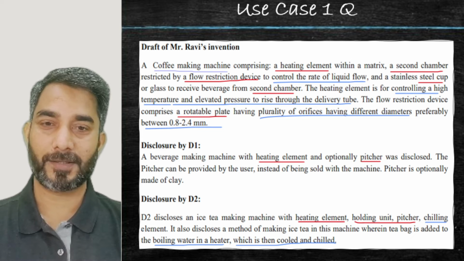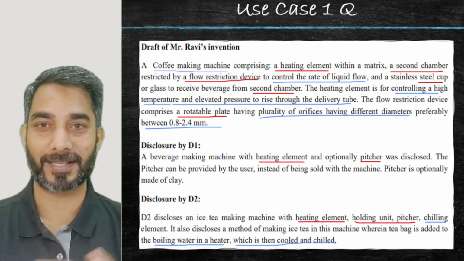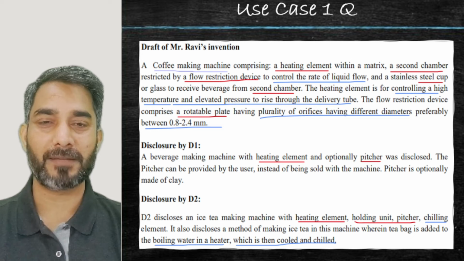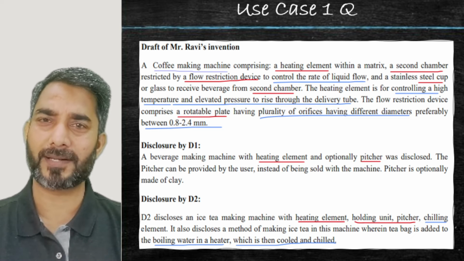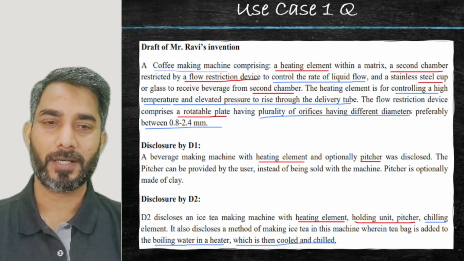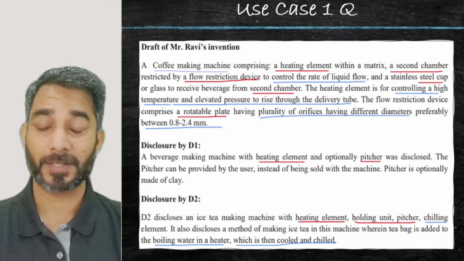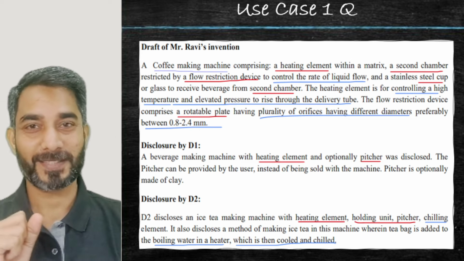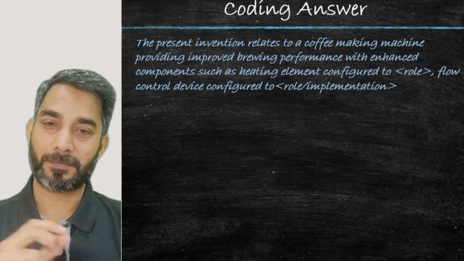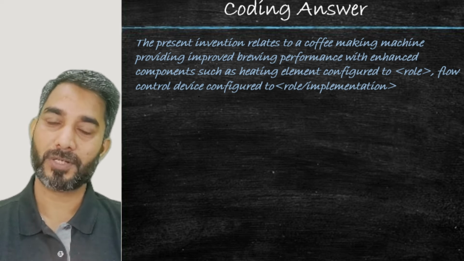So this looks like a simple invention, because all of us can visualize how coffee or tea would be made. And by giving this a read, we know that there are components which are not taught by D1 and D2. So it seems a straightforward one to me. So how do we write the answer? But let's go with our template. So the first will be, the present invention relates to a coffee making machine providing improved brewing performance.